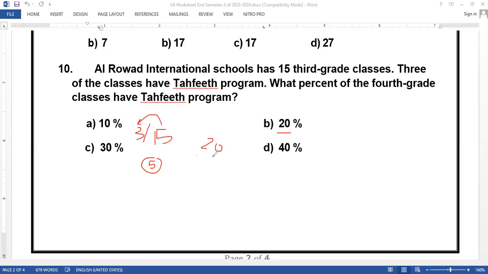So which number do I multiply by 5 to get 100? 20 multiply 5, I will get 100. If I try 40, multiply 5 is 200, but I want a number I multiply by 5 to get 100. So the answer is 20%.